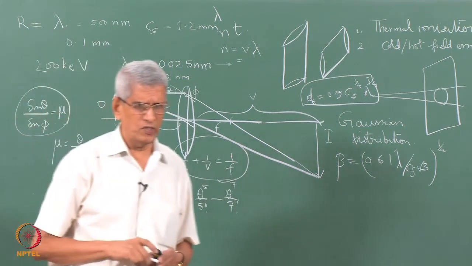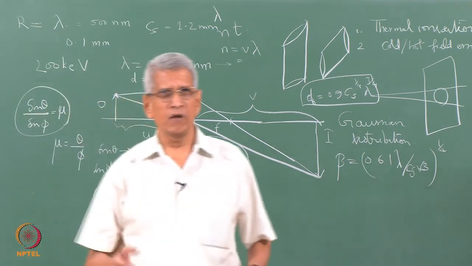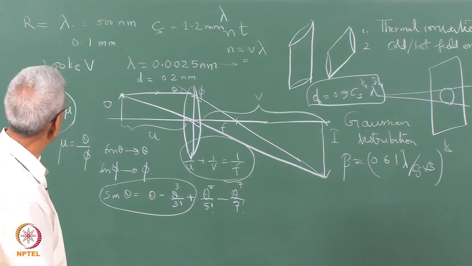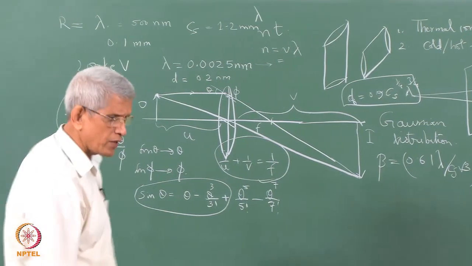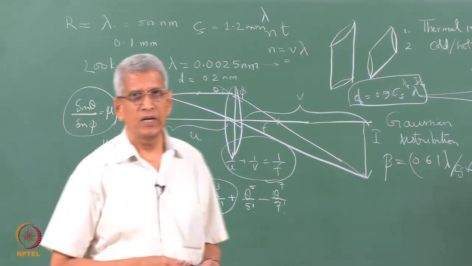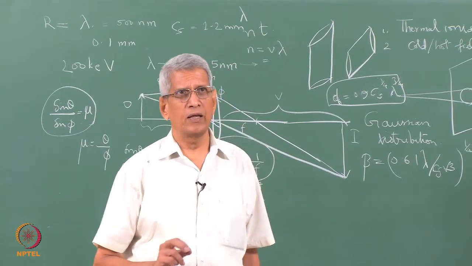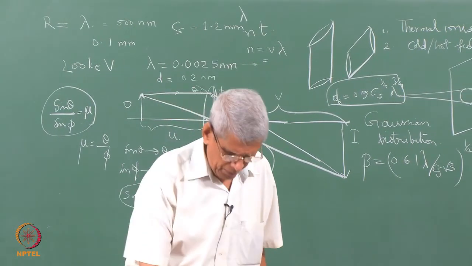Essentially what it means is that the limit of resolution of the microscope is about 0.25 nanometer, but the actual resolution which we can practically achieve is 100 times worse, even with almost all the lens aberrations optimized.